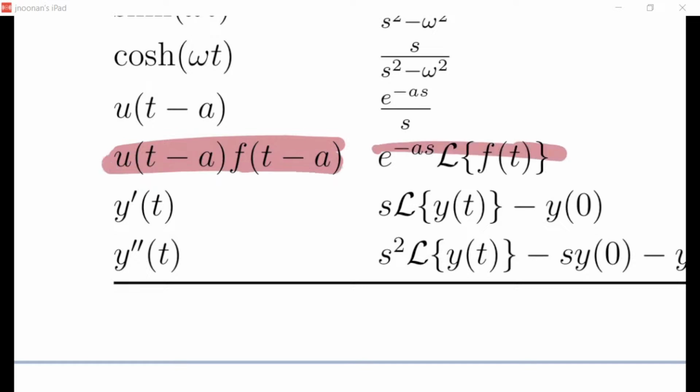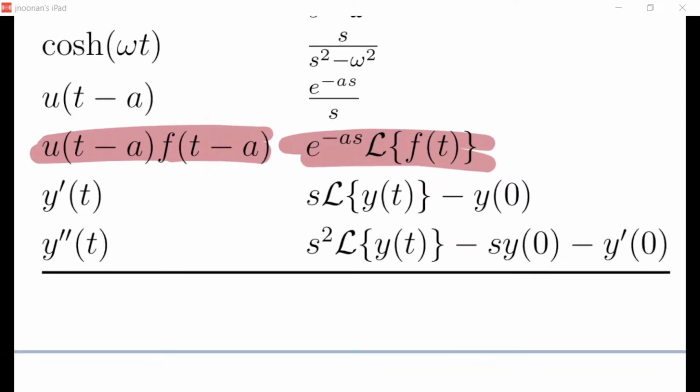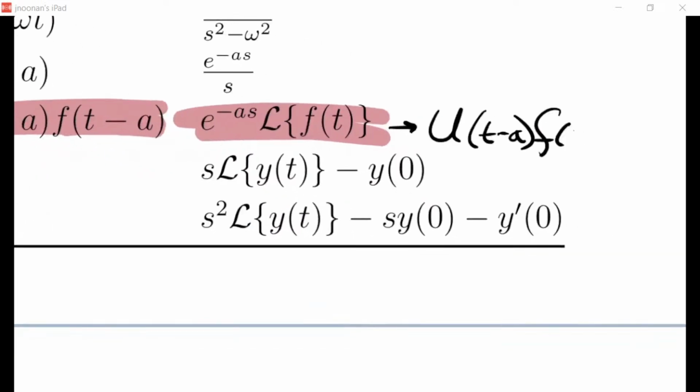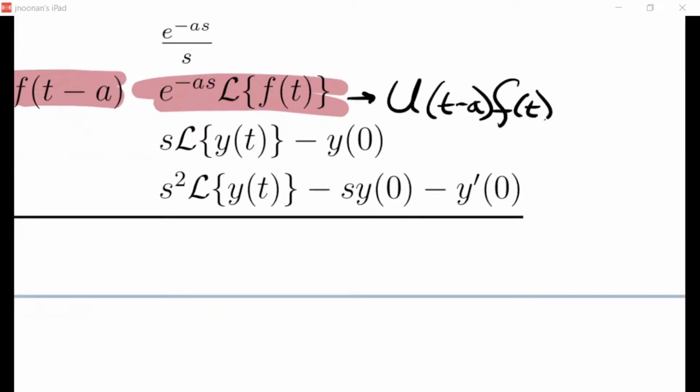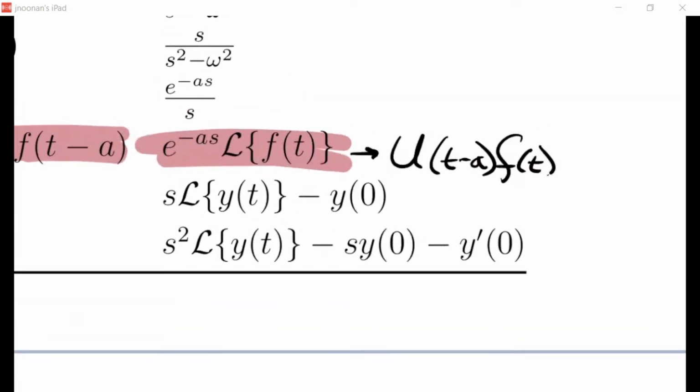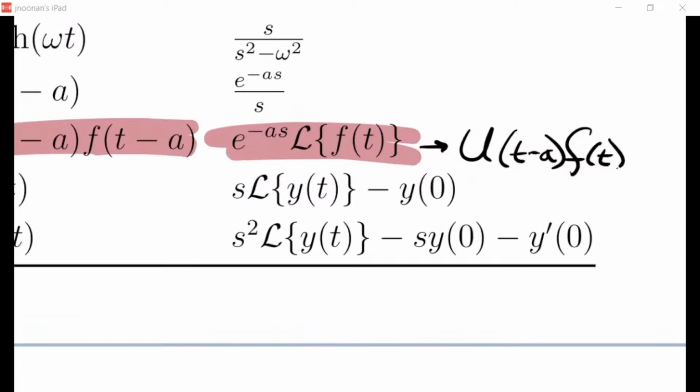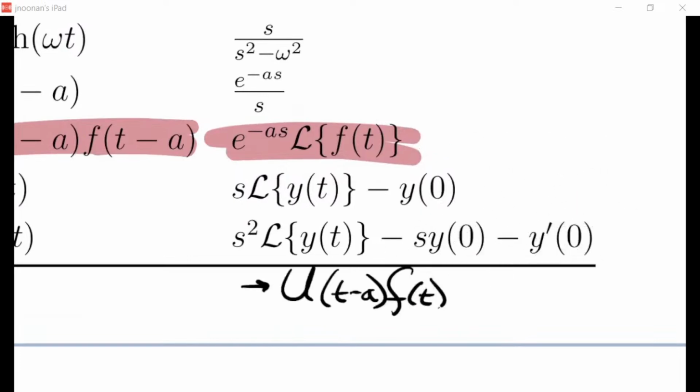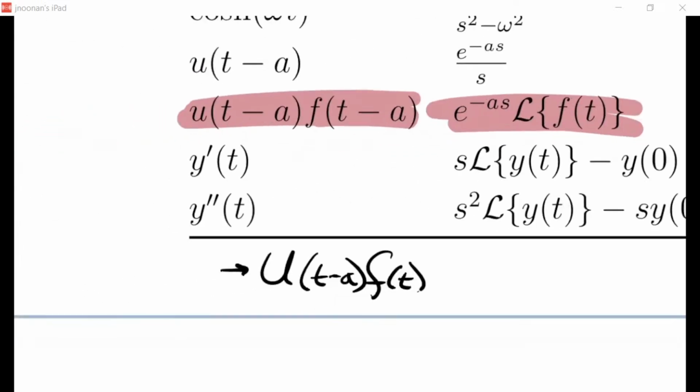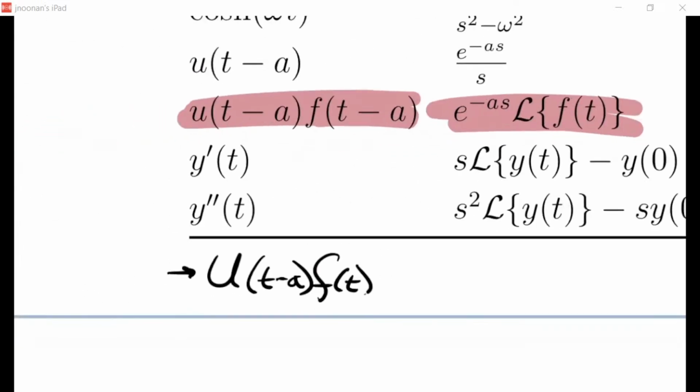That one is this, but it's not on any of the lists, I don't think, in the book, maybe it is. But its mate, if you will, is that if you have u of t minus a times f of t, then the Laplace transform, I'll put it at the bottom here. There it is. So this is kind of the sibling of that.